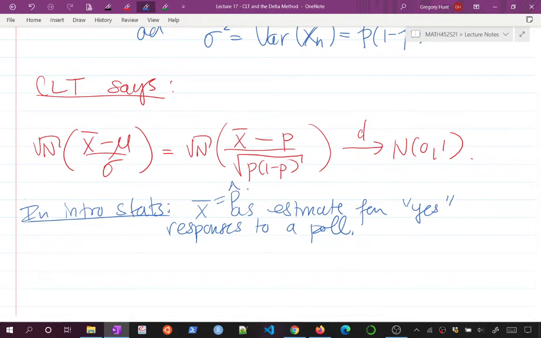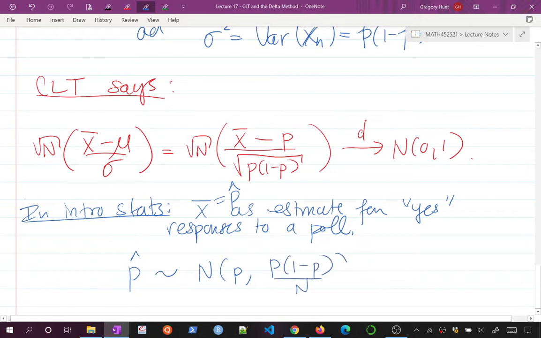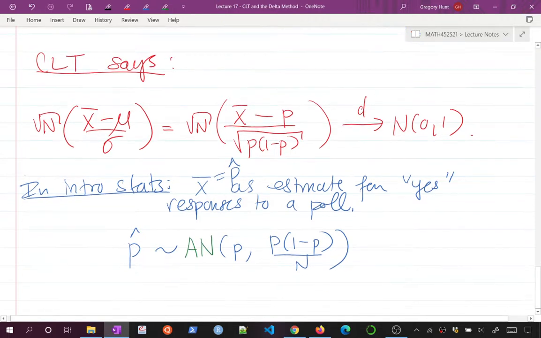And in intro stats, what you would say is that p hat is approximately, for a large n, normally distributed with a mean p and a variance p times 1 minus p over n. And the way to say that in the proper 452 way might be to say it's asymptotically normal. That is, it converges in distribution to a standard normal in the right way.